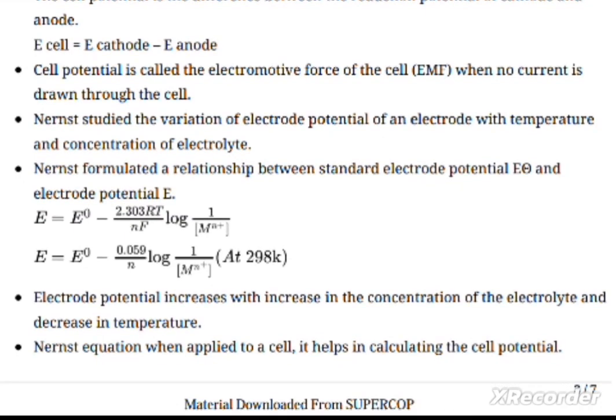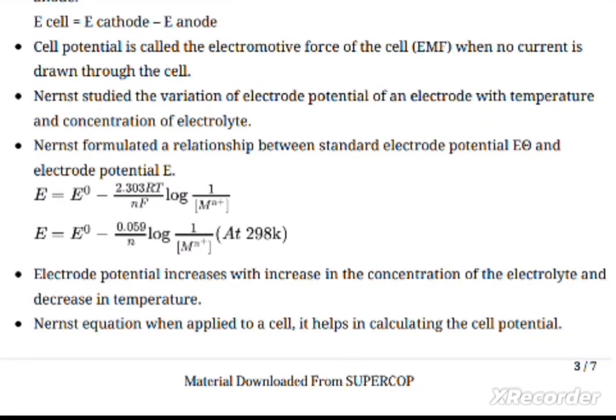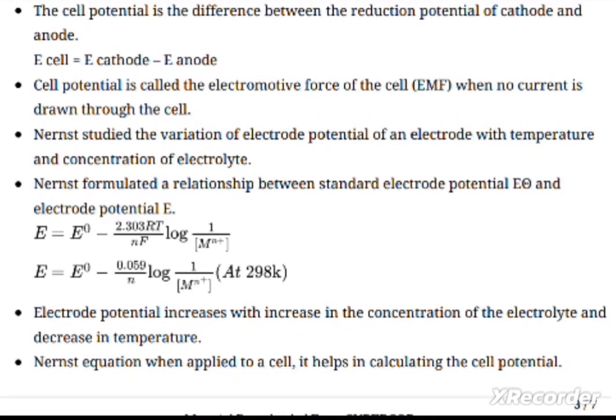When no current is drawn through the cell, Nernst studied the variation of electrode potential of an electrode with the temperature and concentration of electrolyte.